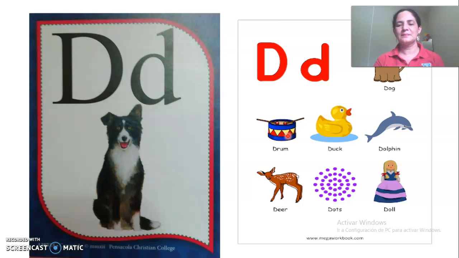Drum. Duck. Dolphin. Dolphin. Deer. Deer. Dots. Dots. And the last one is doll.